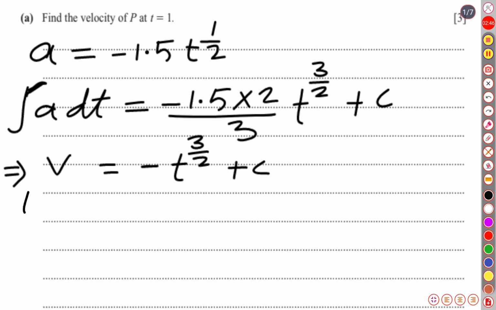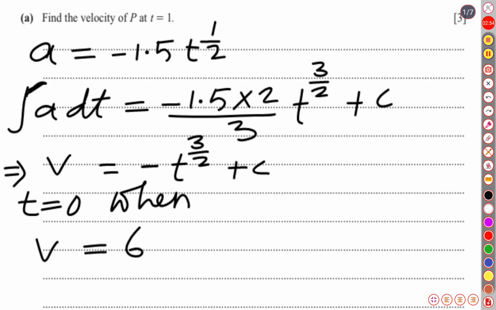If we substitute this value of t, negative t raised to 3 over 2 is 0, so 0 plus c is equal to 6.